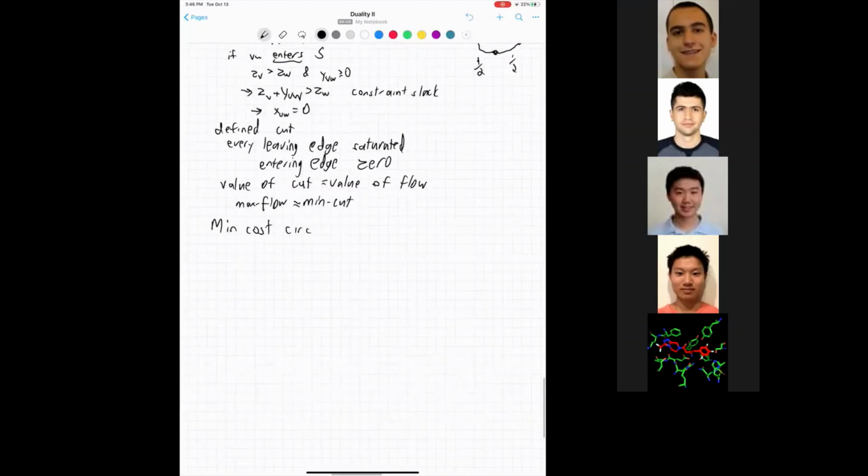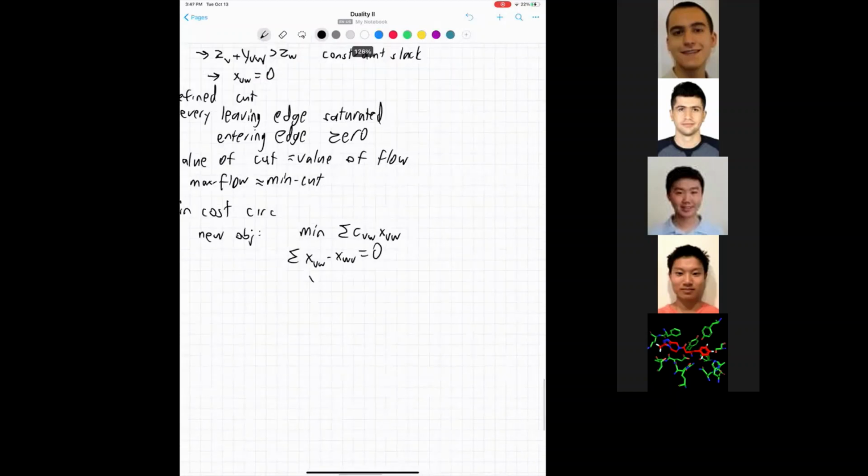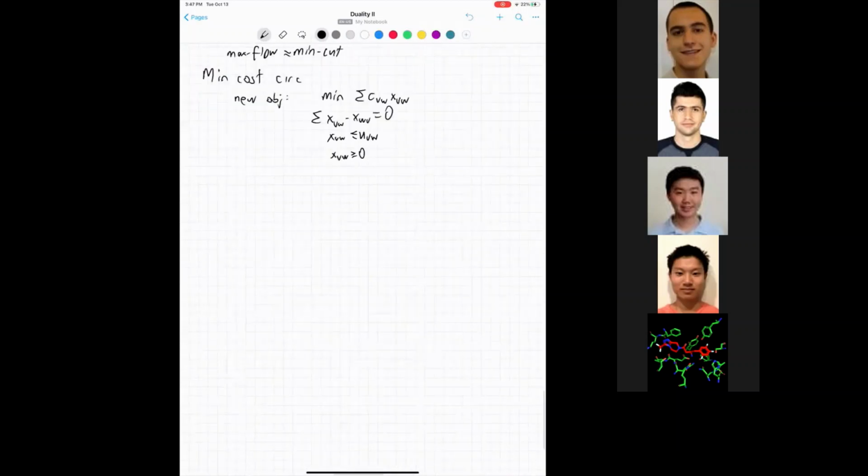So my new objective function is: minimize the sum of CVW times XVW, with exactly the same constraints: the sum of XVW minus XWV is equal to 0, XVW is less than or equal to UVW, and XVW is greater than or equal to 0. So basically the same linear program as before, just with a different objective function.